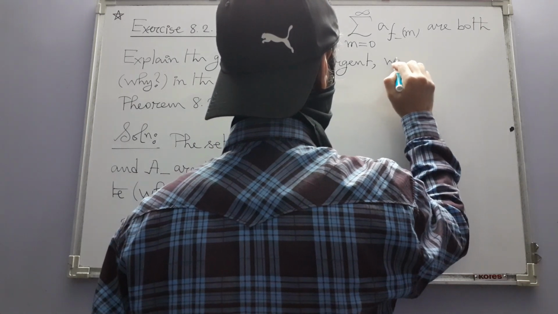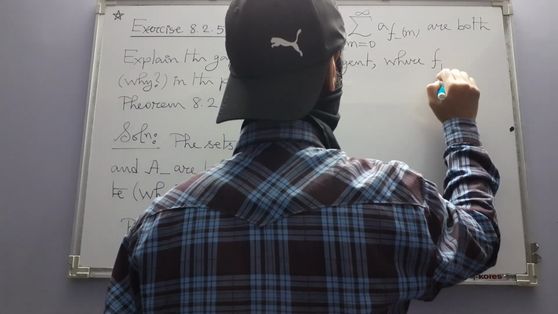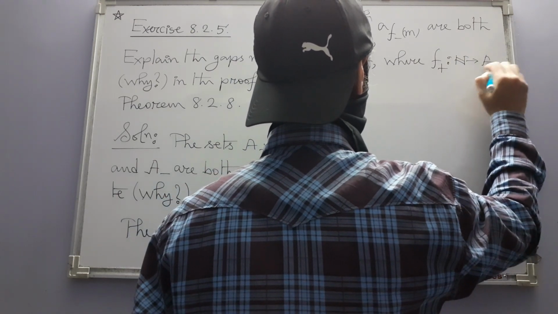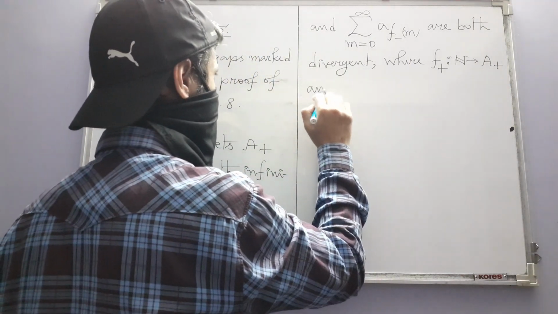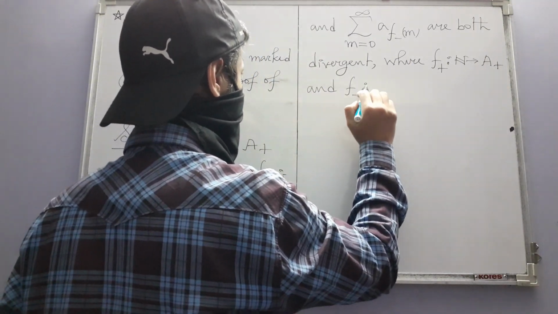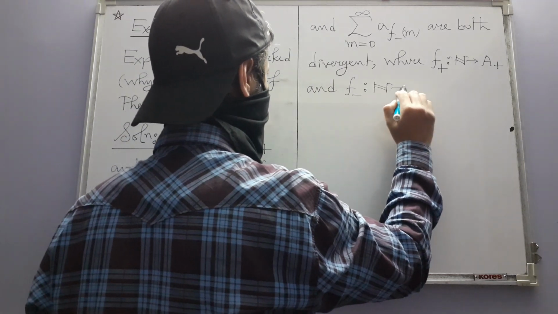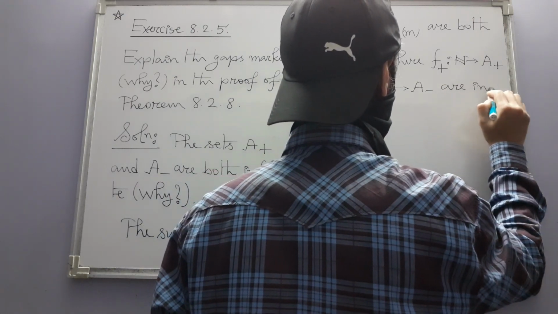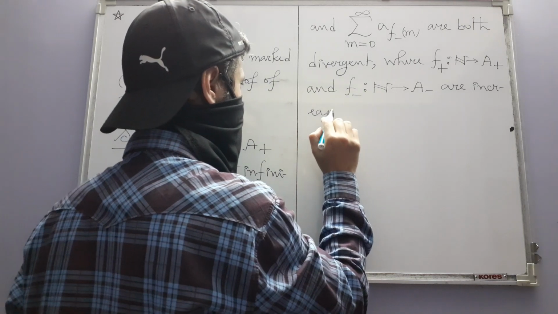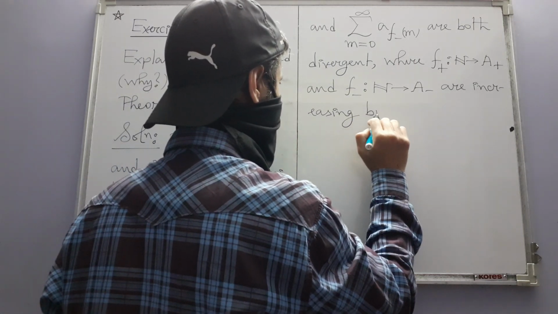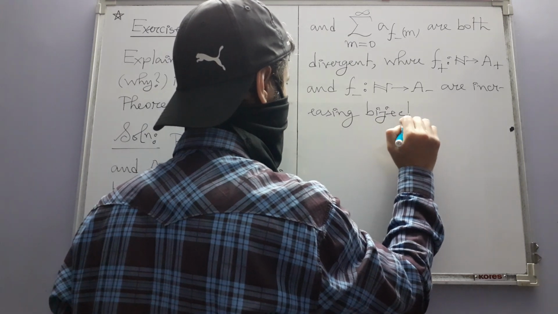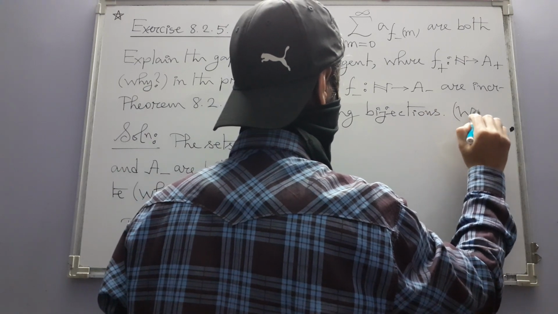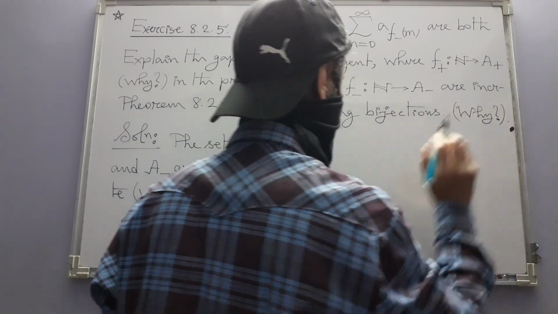Where f plus from N to A plus and f minus from N to A minus are increasing bijections. This is the second why.